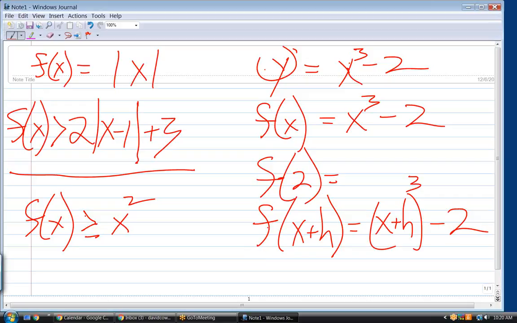So the f of x notation allows you to do all of these things that the y notation does not really do. Sometimes you'll see them say, well, what is y of 2? In other words, they'll pretend they're using f of x notation, but not very often. And y of 2, you would substitute 2 for x. So y of 2 would be the same as f of 2.